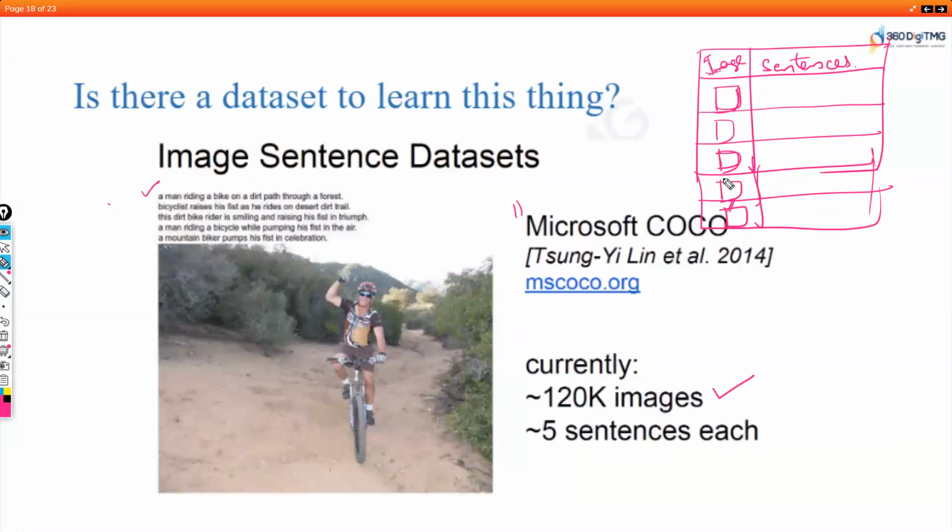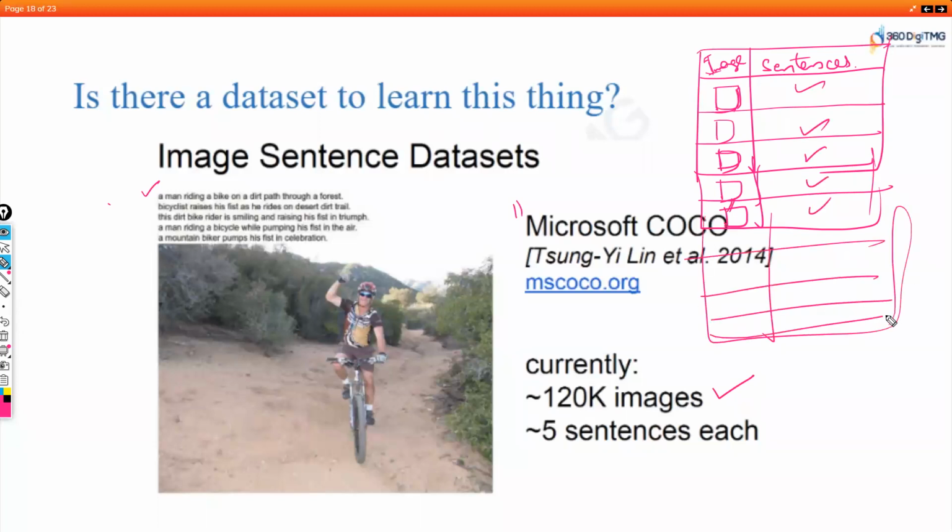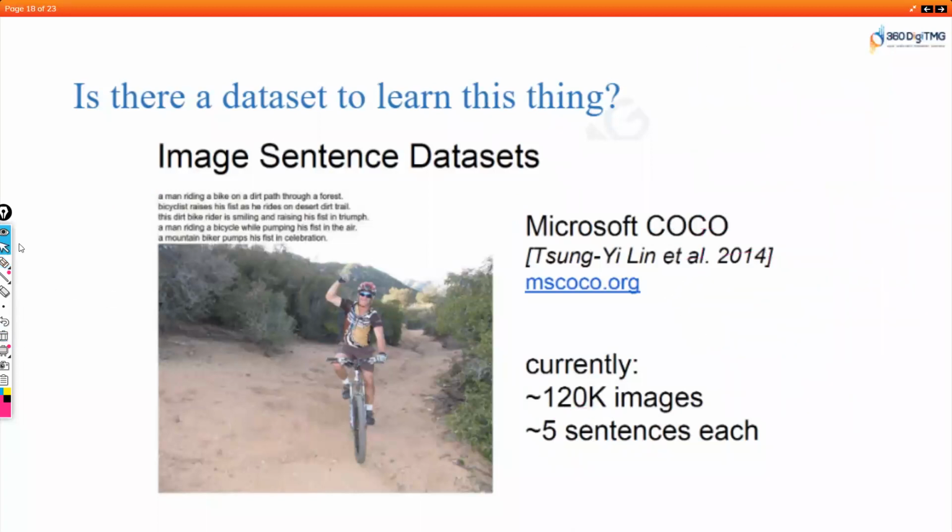For the same image, you'll have 5 sentences, and then another image starts, which will again have 5 sentences. So if you have 120,000 images and each image has 5 sentences, 120,000 times 5 is 600,000, which will be the number of rows that you are going to have. Using the Microsoft COCO dataset, people have built image captioning.